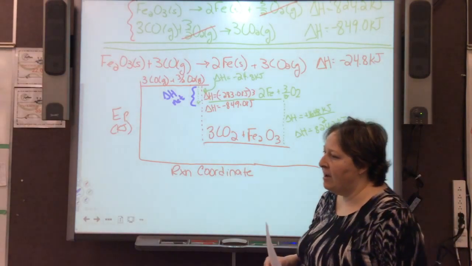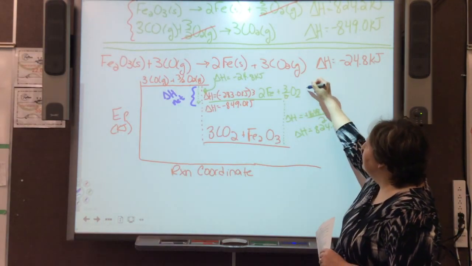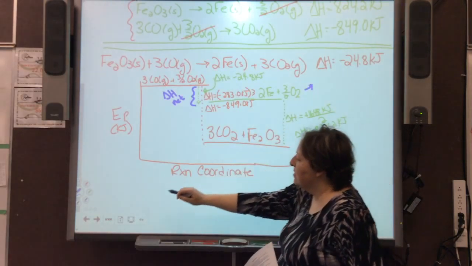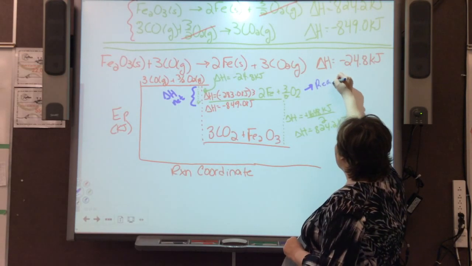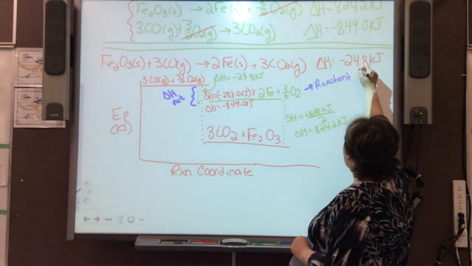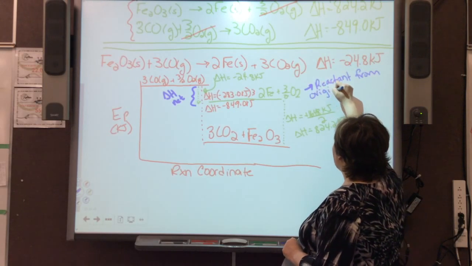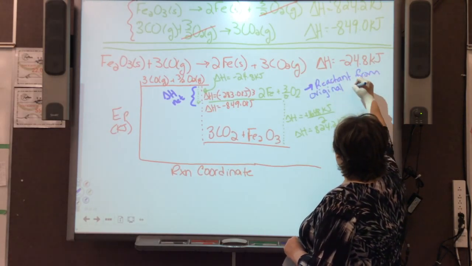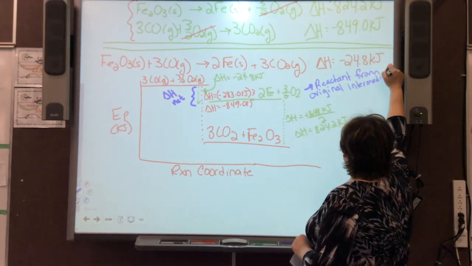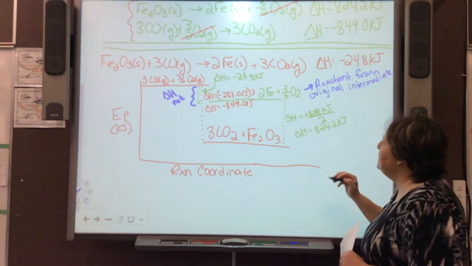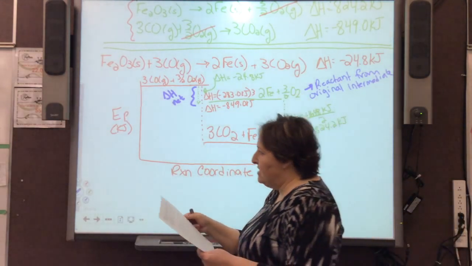Okay, when we go back up to the original equations, Fe and 3O2, okay, this is the reactants from the original intermediate. And this is a reactant.